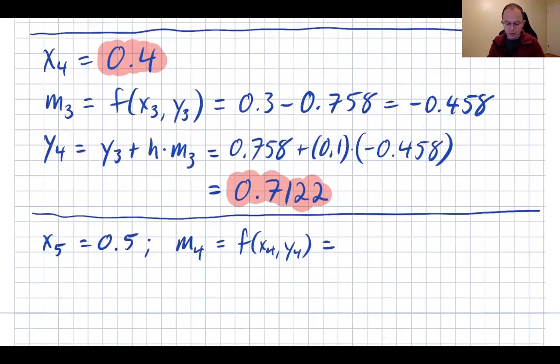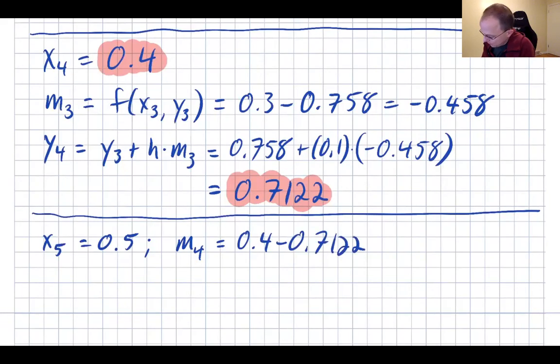So this is going to be 0.4 minus 0.7122, negative 0.3122.